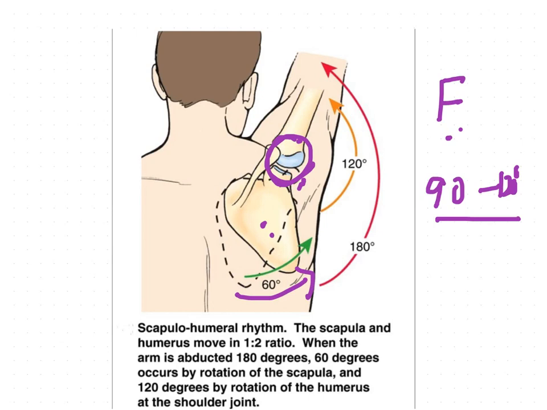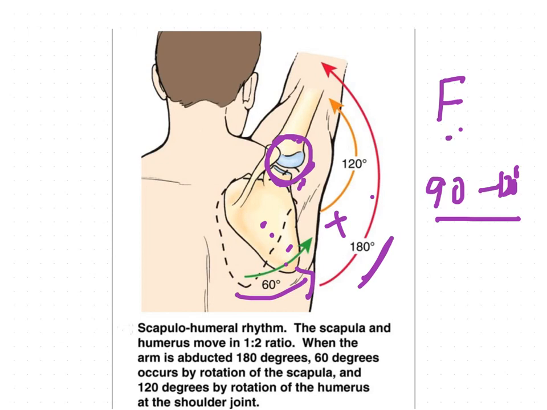But it does not happen individually. In any movement during elevation, the combination of scapular and glenohumeral movement results in the maximum range of elevation of 180 degrees.